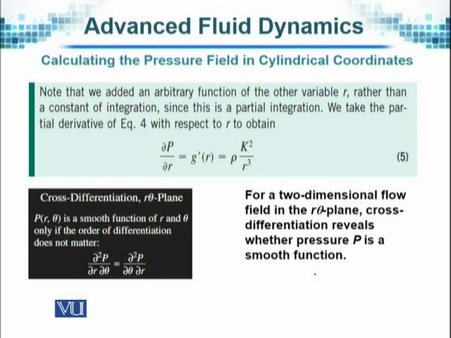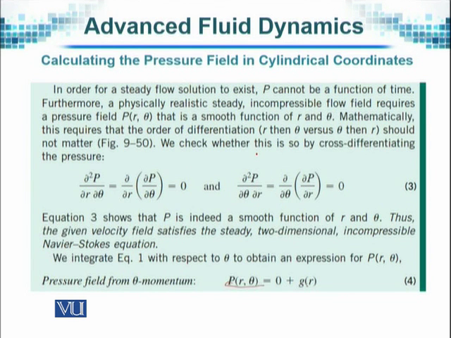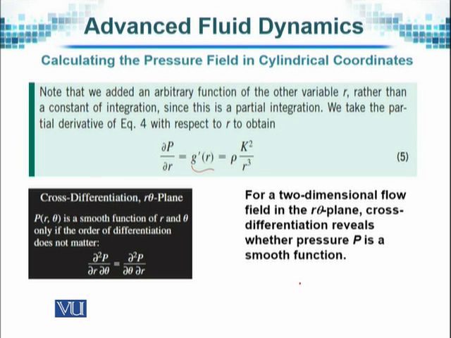And similarly from r, we obtain dp by dr equal to g of r, and that equals this quantity. You can see P is equal to g of r, and all I have to do is take its partial derivative. That will be g prime of r, that is the derivative. But dp by dr in r terms is given to us, and from that I obtain the value as equal to rho k square over r cubed.